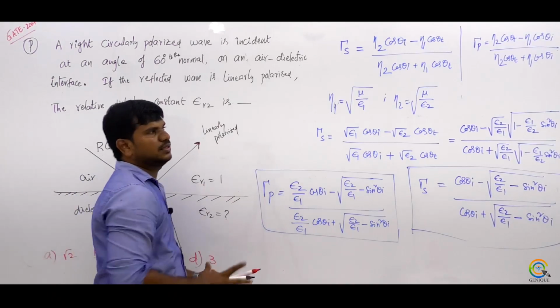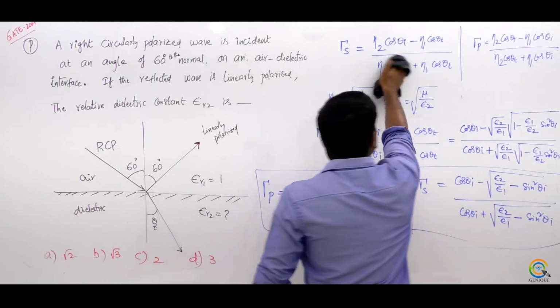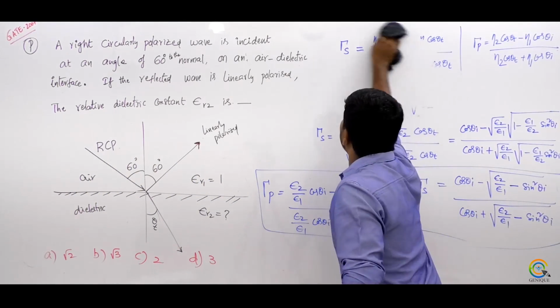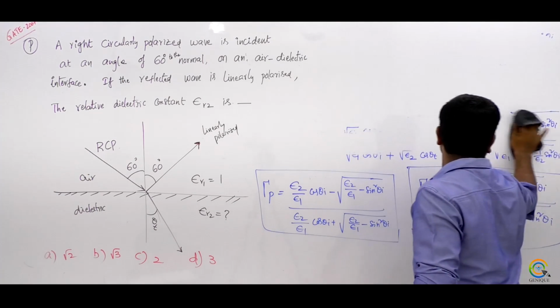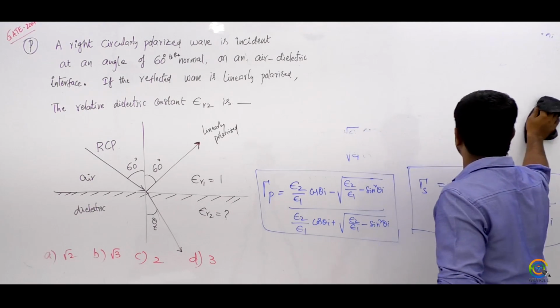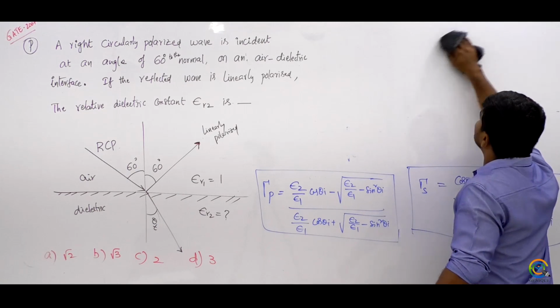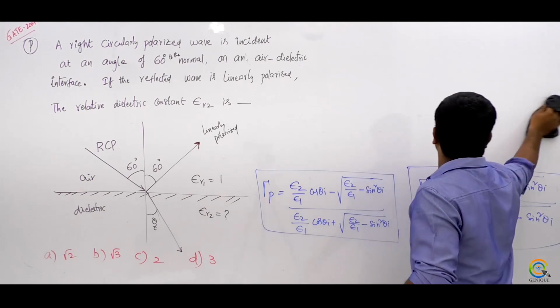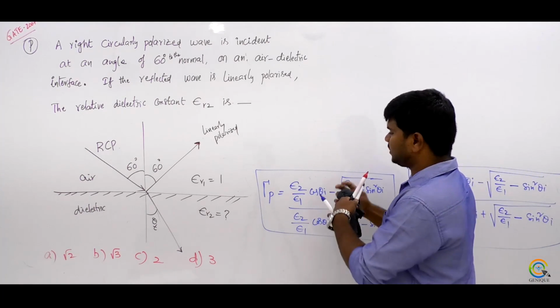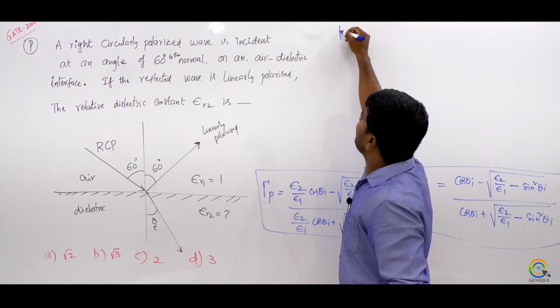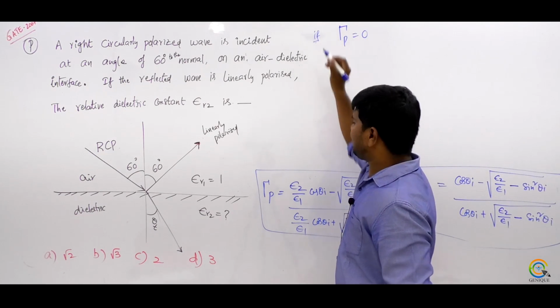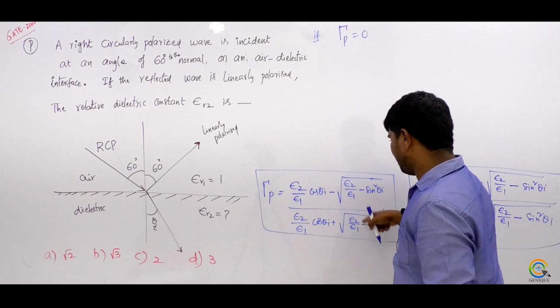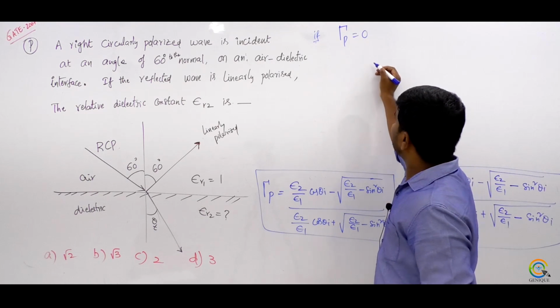Similarly, we have to do that for the other. Okay. So now what happens if any of these two is 0? Suppose I make gamma p 0. If it is 0, then from this what can I write?